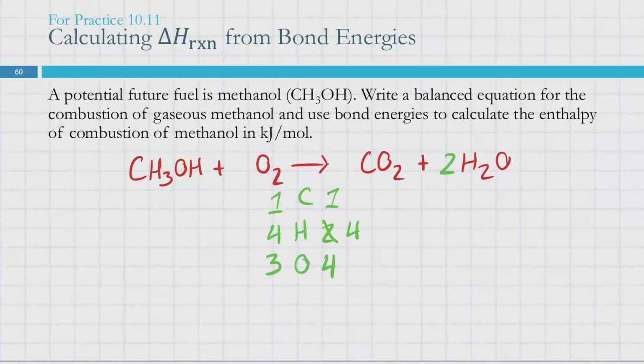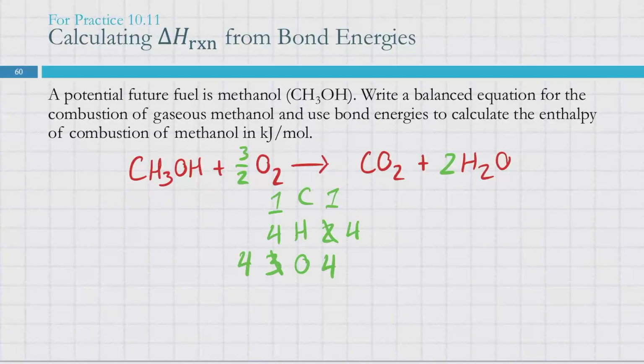The only thing that we have left that we can change without changing other things to balance this is our O2. We need 1 more from our O2, and so we are going to have to put 3/2 in front of our O2. So instead of providing 2 oxygens, it's now providing 3 oxygens.